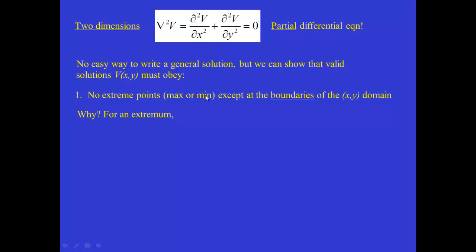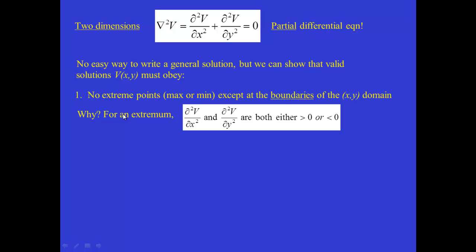And it's pretty easy to see why here, because the definition of an extreme point is a point where the slope is equal to 0, and then the second derivative is either positive or negative, depending on whether the function is a maximum or a minimum.